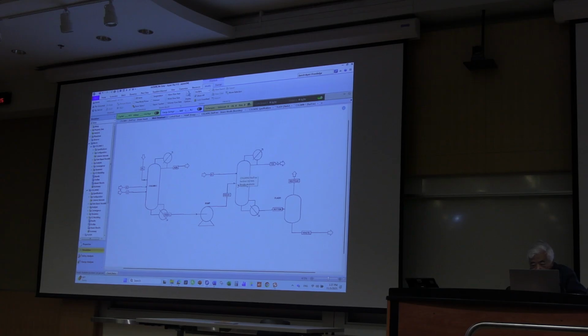The goal is to get 0.9992 pure TOL. The flush unit is to flush all the solvent xylene to the vapor phase. And the flush temperature has a limit.